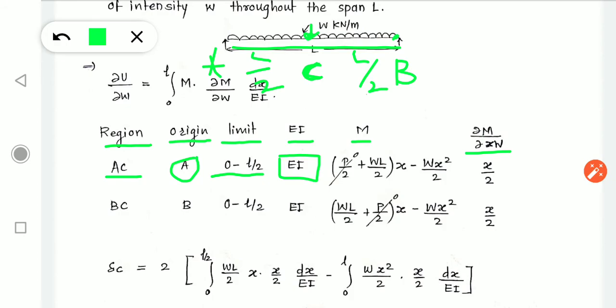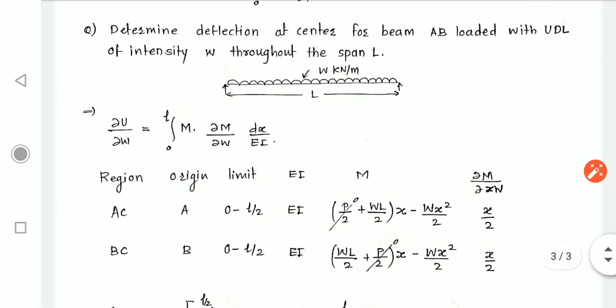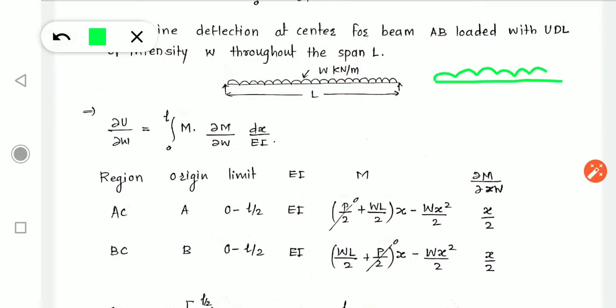Then we will try to write a moment equation, but to write the moment equation we need to know the reaction at the A support. So let's try to calculate the reaction at the A support. It is a symmetrical beam, so a UDL is there and one point load is also there.